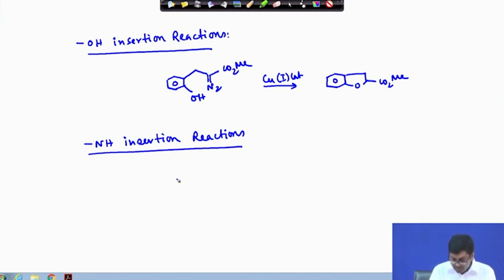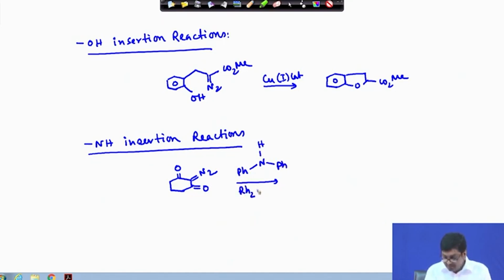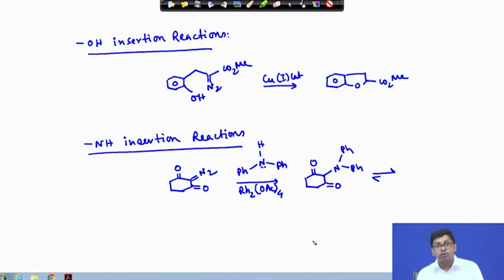As an example, if we take this diazo compound as the precursor of the carbene, and then take the amine as the nucleophile in presence of rhodium 2 acetate, then the amine can attack the formed metallocarbenoid, and that will give this product. Now keto-enol tautomerism can happen and give the enol form of this 1,3-diketo compound.